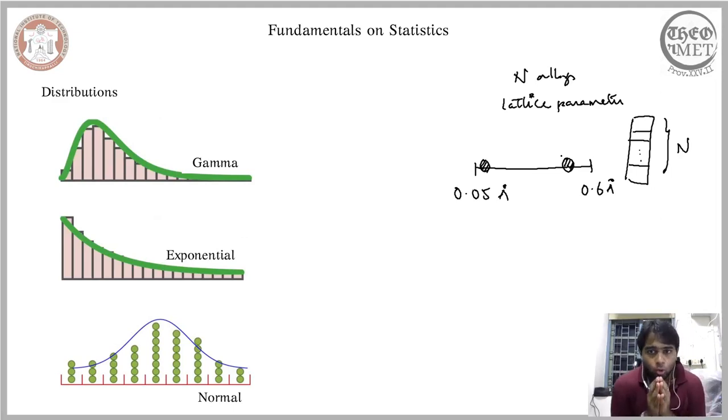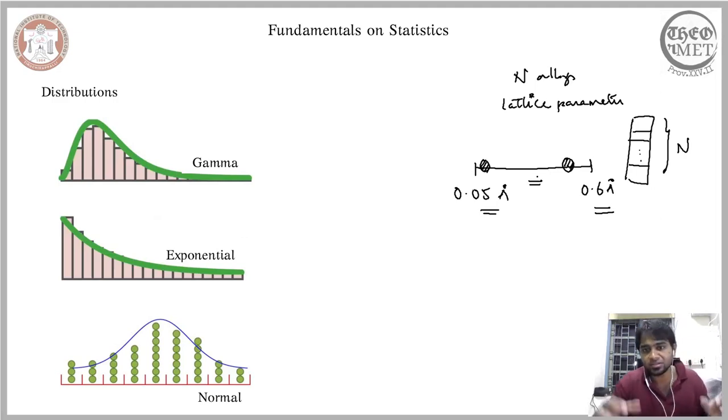Now the population of the alloys is highest at the average lattice parameter. What we essentially have on the scale is the least lattice parameter on the left extreme and the highest lattice parameter in the right extreme, and the average lies in between. So there is a continuous increase in the lattice parameter on the scale, and the average lies in between.